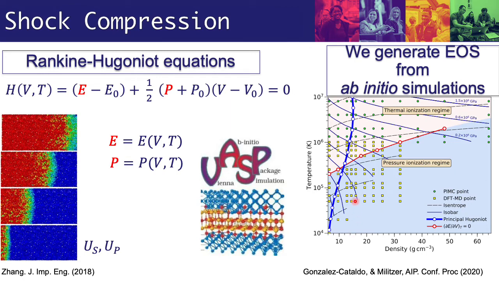For each of these points, we can obtain the energy and pressure for those volumes and temperatures, and we can have a value for this H function at each of these points. Then we can solve along a given isotherm when this function goes to 0, which is the point at which the Hugoniot conditions are satisfied.